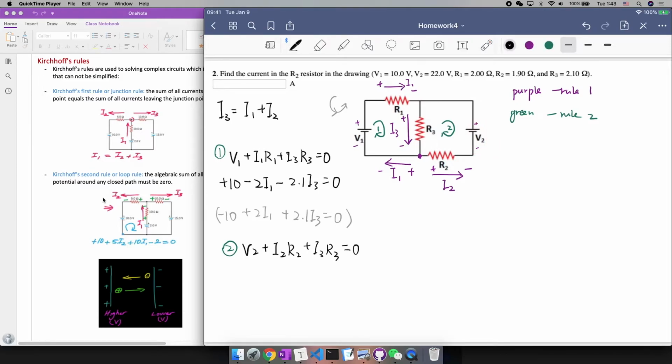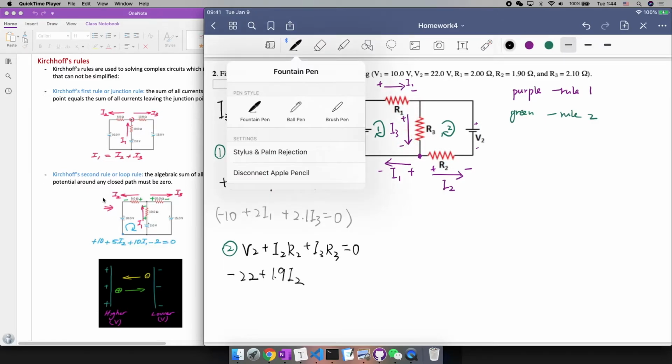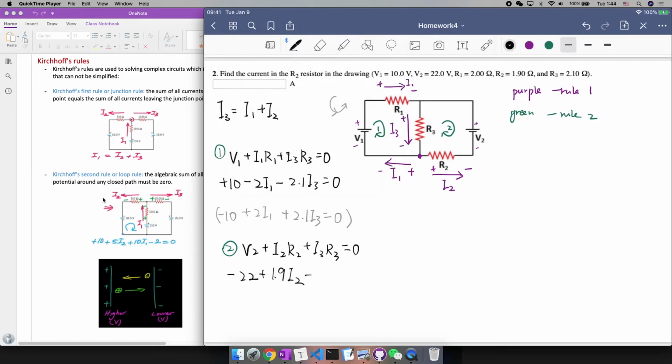So it's -V2 on this side. From lower to higher, it's a gain, so plus. This side, lower to higher, it's a gain, right? Plus, right?